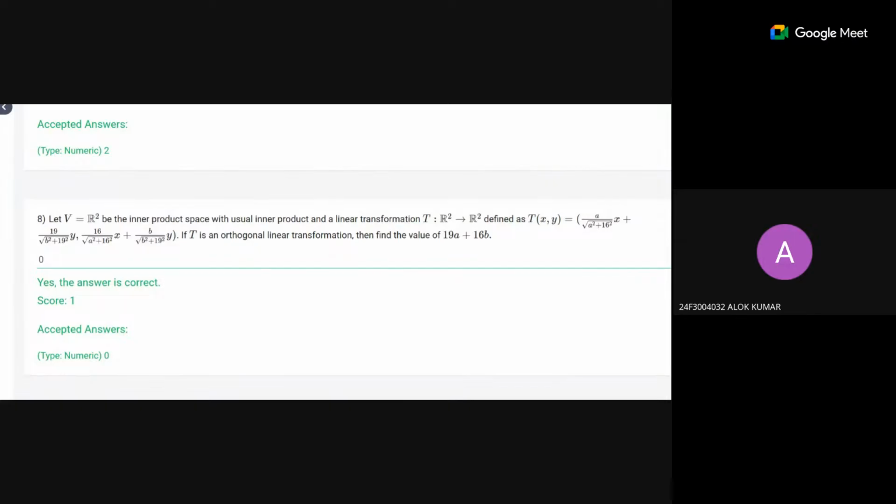Is my screen visible? Sir, I couldn't hear. Your screen is not visible.